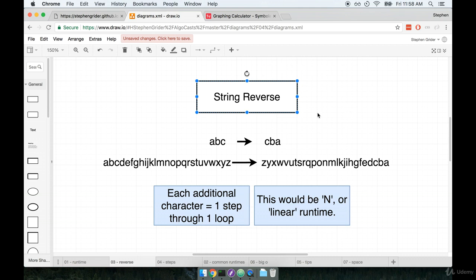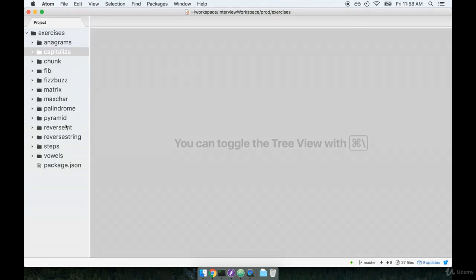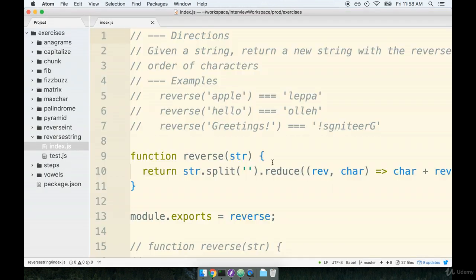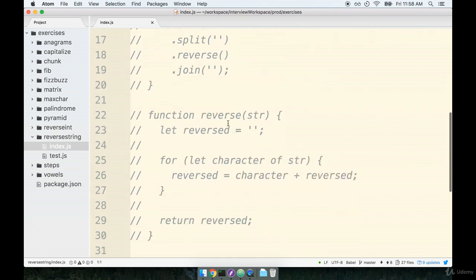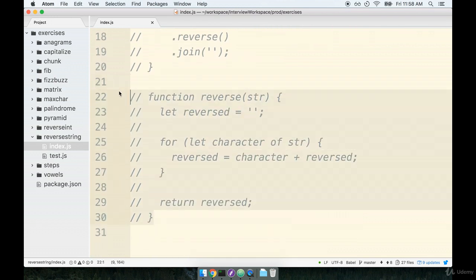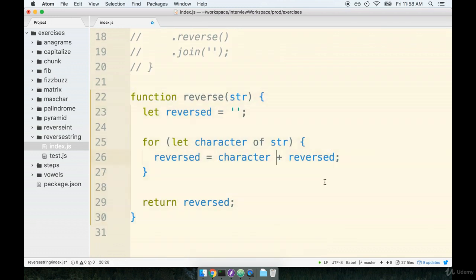Let's pull up the code from that very quickly. Back in my code editor, I'll pull up reverse string. Here it is right here. I want specifically to look at the iterative solution that we put together that used a for loop. For this problem, we said that we would have some input string. To execute our solution here, we iterated through each character of that string exactly one time.